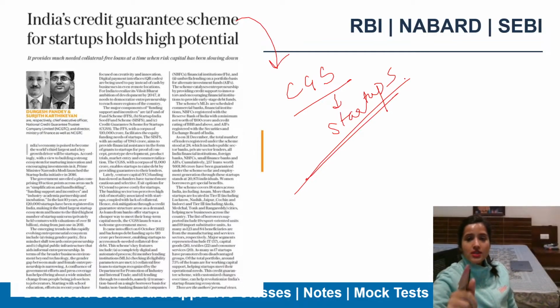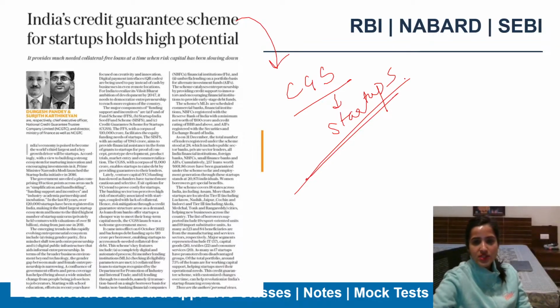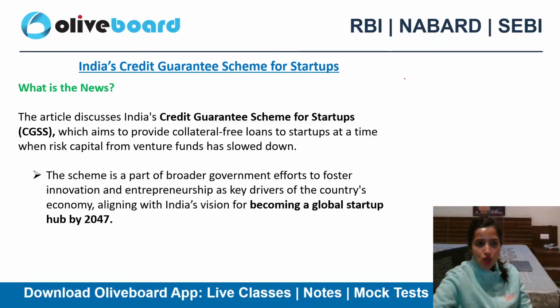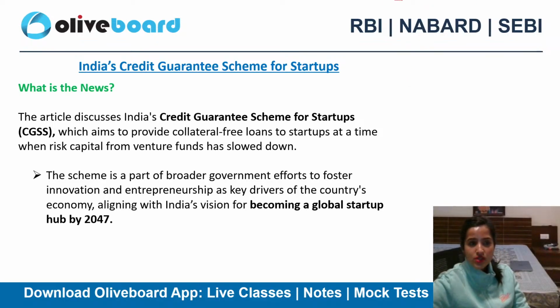So this becomes an important part of our preparation. Again, government schemes, very important. So what is the news about? This article discusses India's credit guarantee scheme for startups, which aims to provide collateral free loans. So what is the scheme about? Providing collateral free loans to startups.